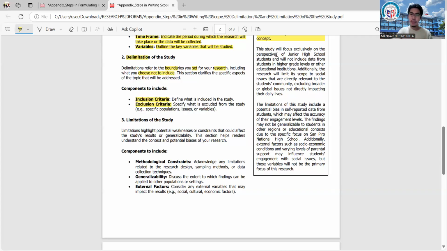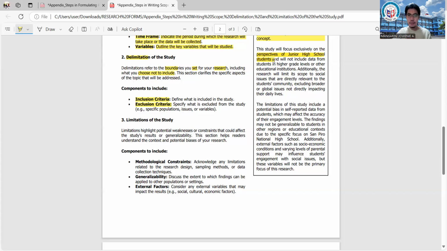So, tingnan natin itong second paragraph. Second paragraph is for the delimitation of the study, the boundaries, the limitations that you set for the study. Okay? So, tingnan natin. This study will focus exclusively on the perspective of junior high school students. So, ito ay perspective lang ng mga junior high school students.